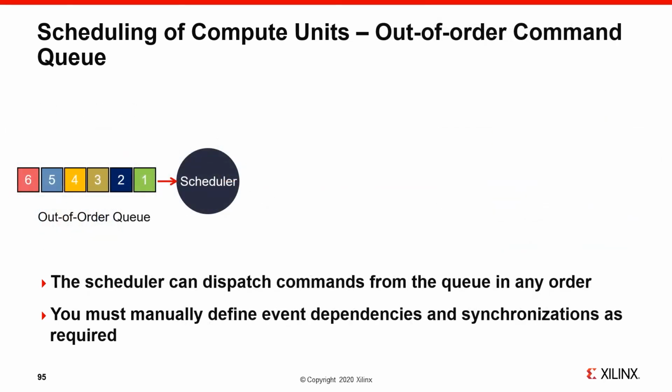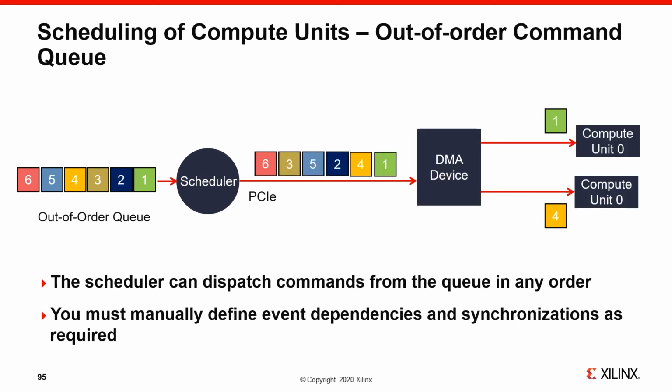In this case, we only have one queue, but it is an out-of-order queue. The scheduler can dispatch commands from the queue in any order. In this example, the commands are scheduled in the order 1, 4, 2, 5, 3, and 6. Again, if it's required, you must manually define event dependencies and synchronizations to schedule commands in the order that you need for your design.